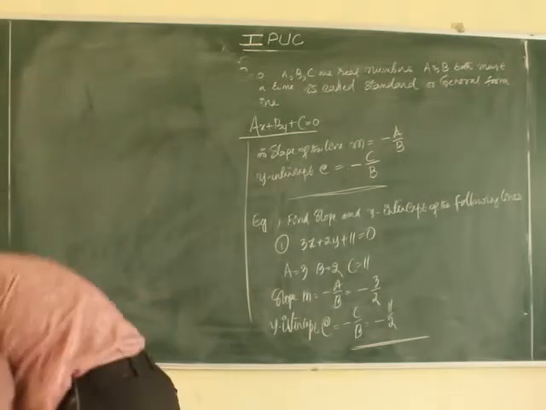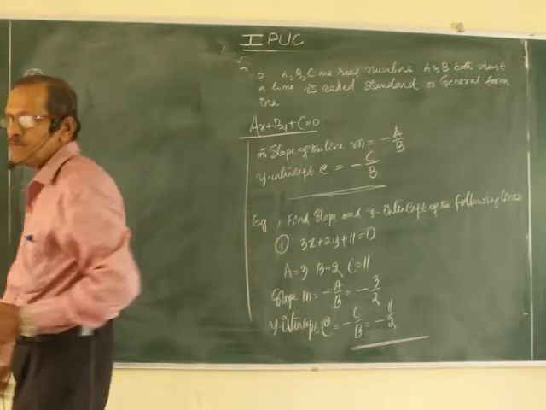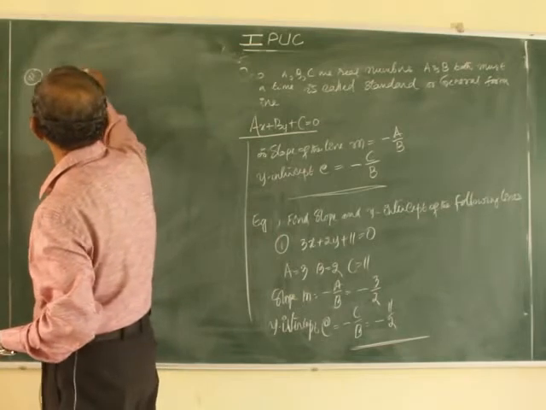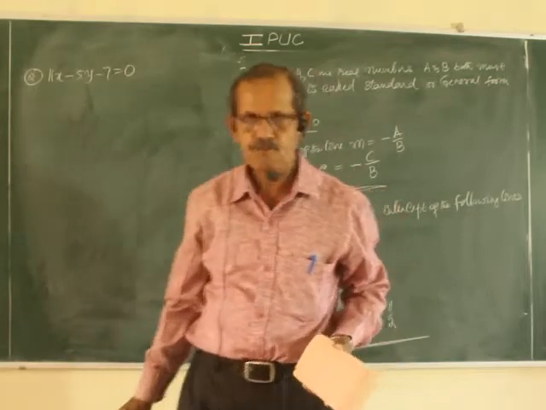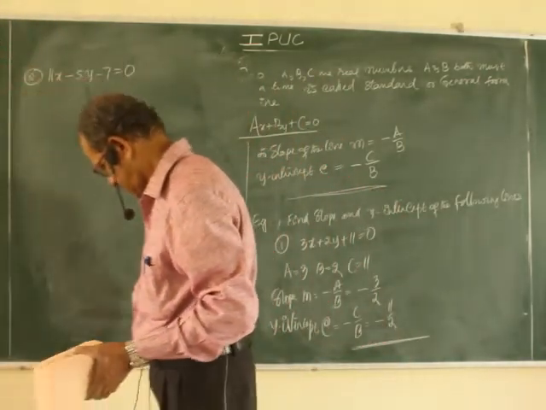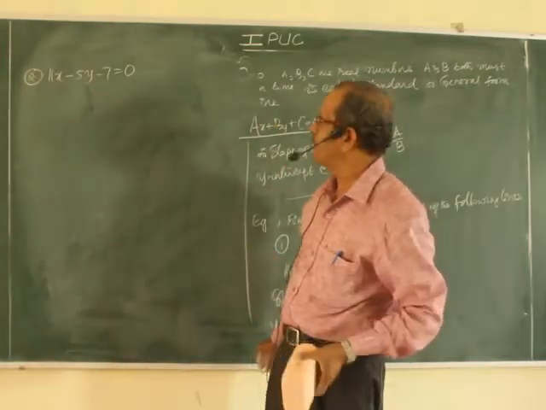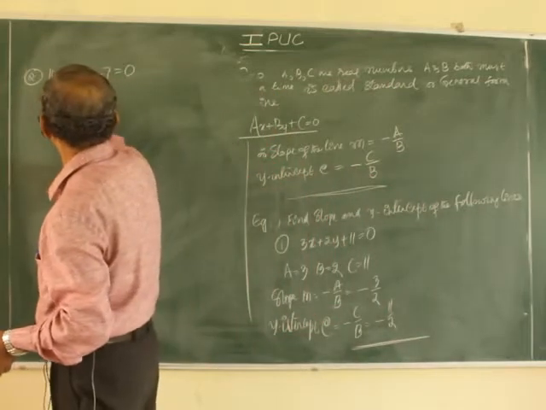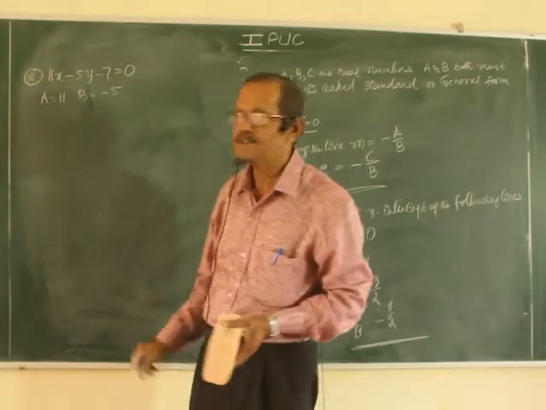Second one. 11x minus 5y minus 7 equal to 0. A is 11, B is minus 5, remember, not 5, minus 5.